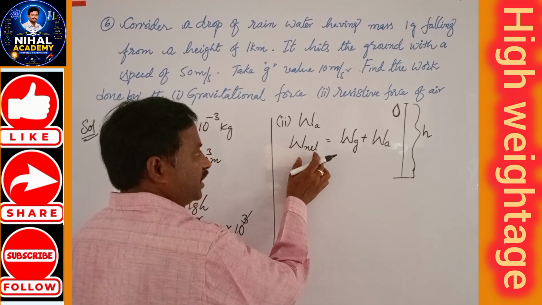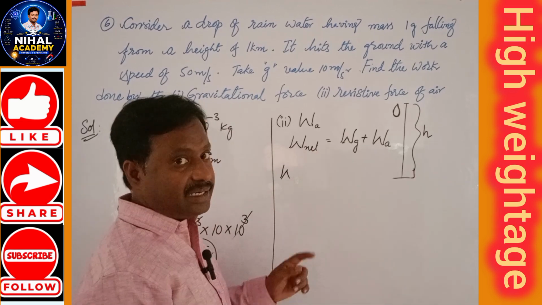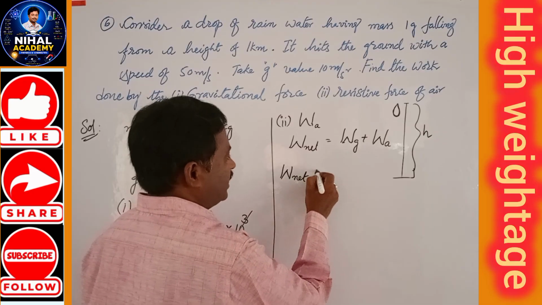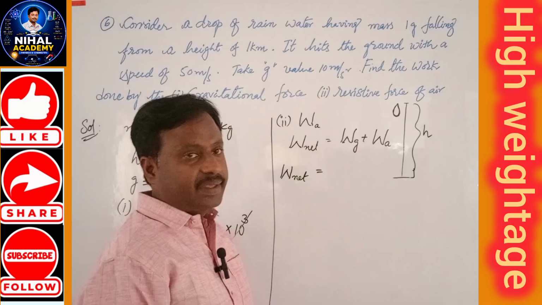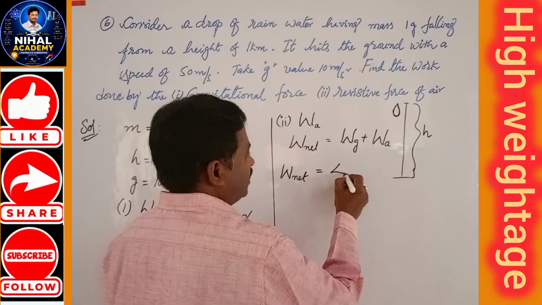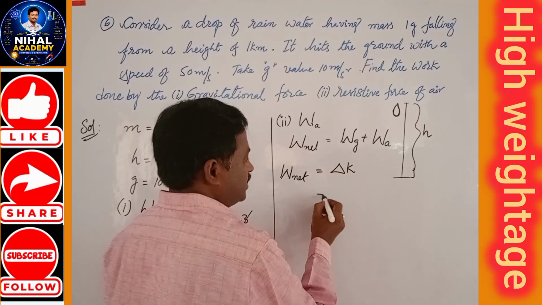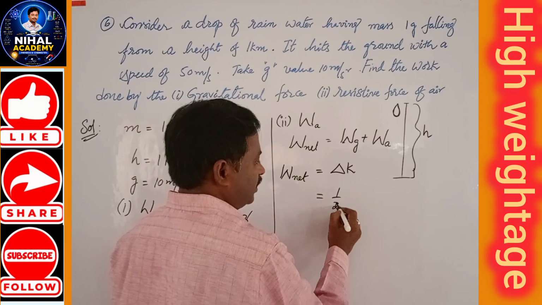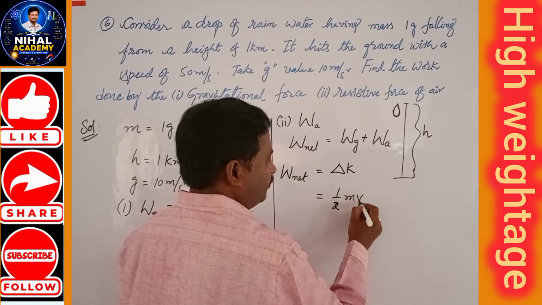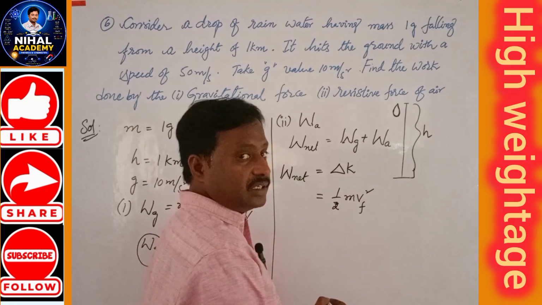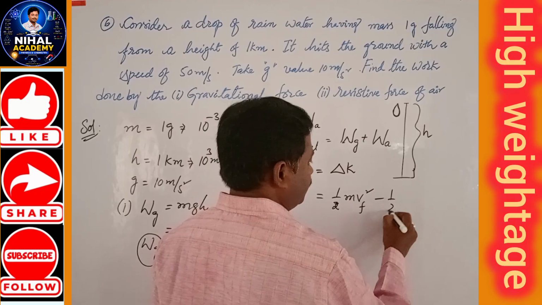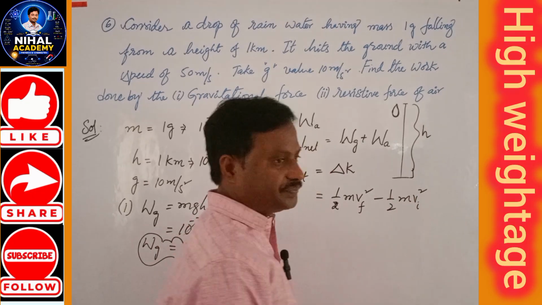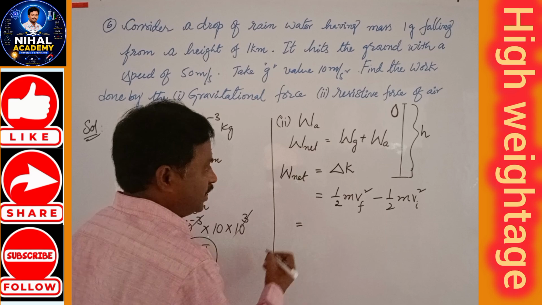Here, from the work-energy theorem, the net work done is equal to the change in kinetic energy. Change in kinetic energy means half m v final squared minus half m v initial squared. We have to simplify this value.